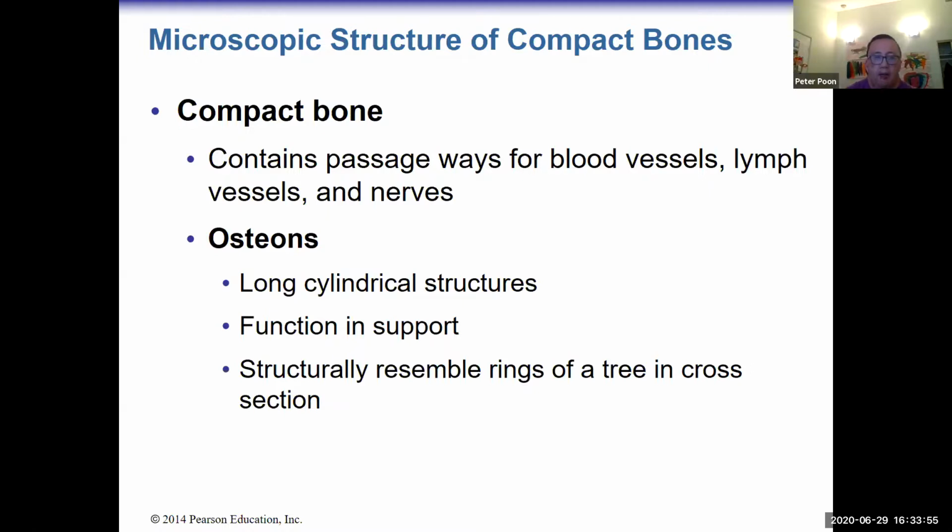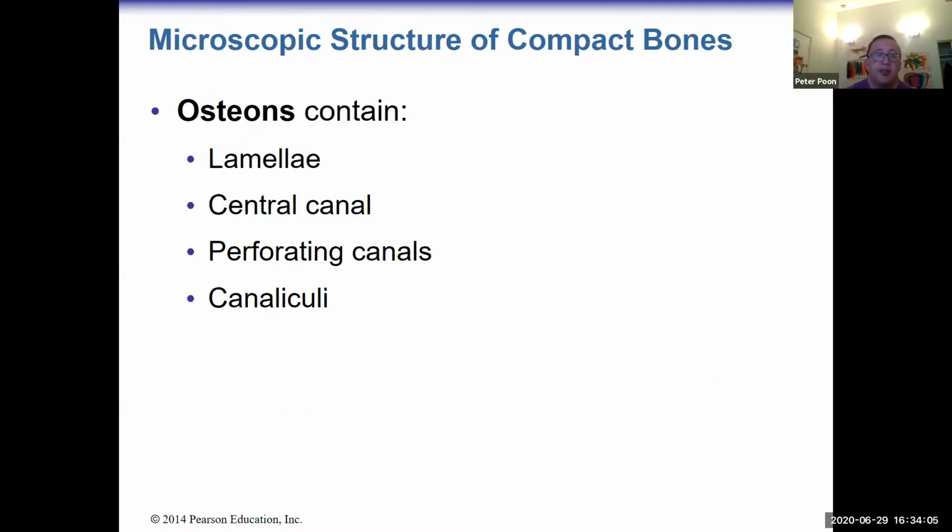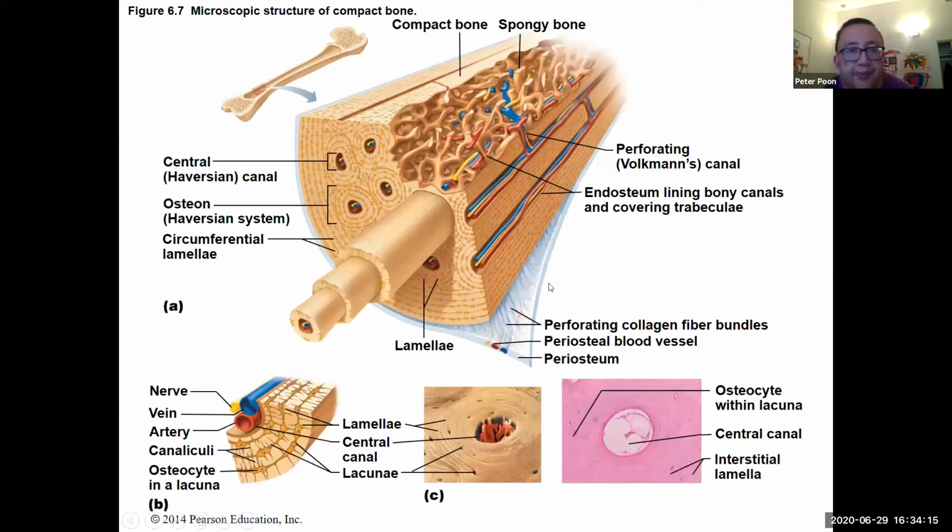These are the ring structures you saw in the tissue chapter. An osteon consists of lamellae, the central canal, the perforating canal, and canaliculi. This whole structure is an osteon, also called a haversian system.